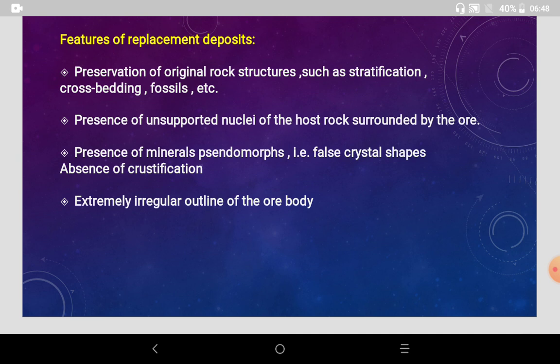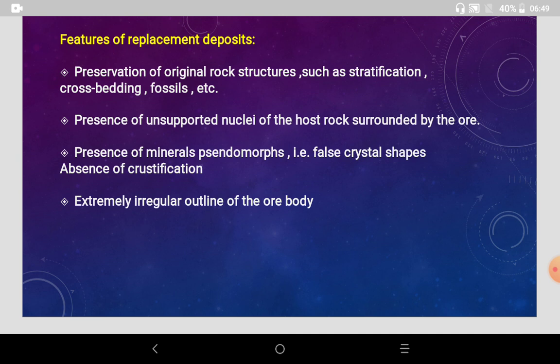Next, another criterion is doubly terminated crystals of ore transecting rock grains of the enclosing rock. Such crystals may be microscopic or megascopic in size. Mineral pseudomorphs: a mineral after another of different composition is typical of replacement.